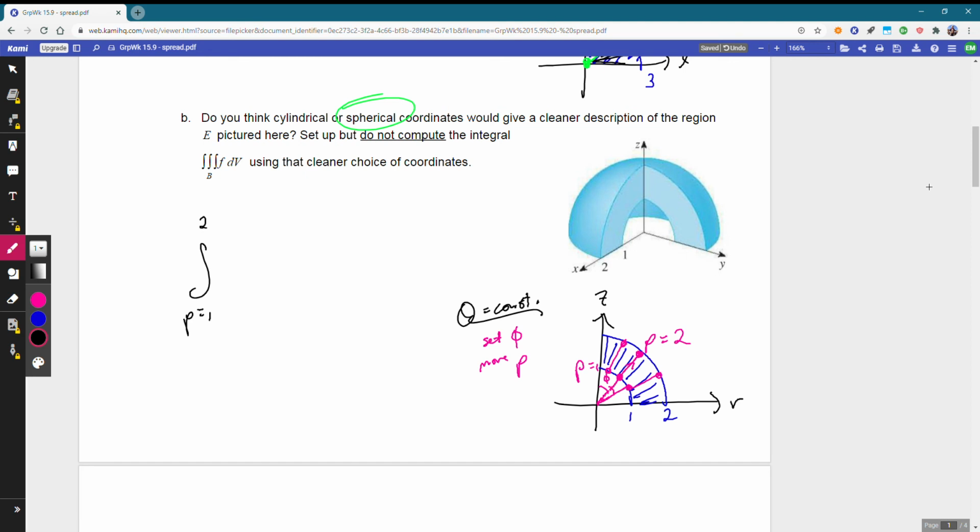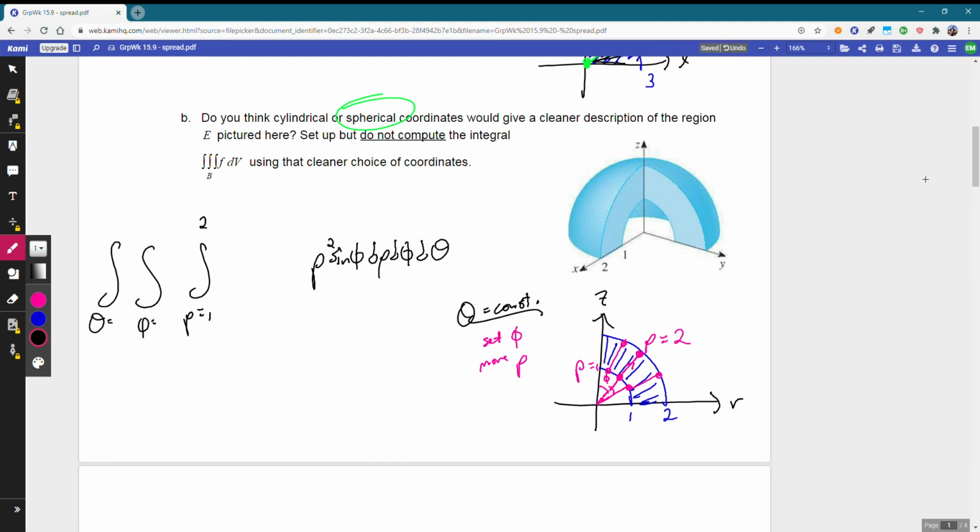Right, and so here our dV is going to become rho squared sine phi d rho d phi d theta. Right, now our question is, well, what phis and thetas are we doing this for?